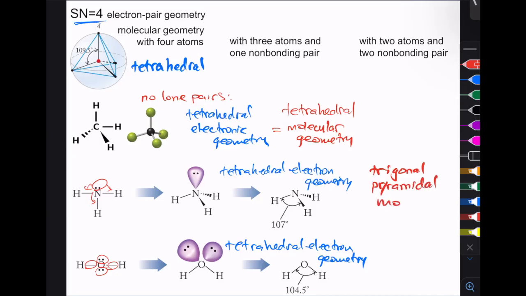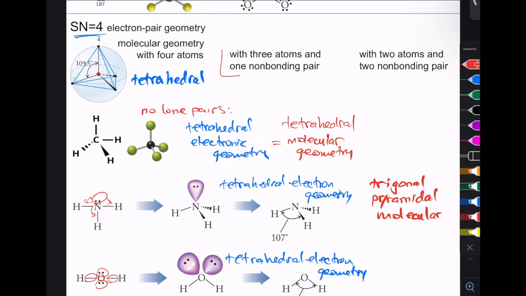Because if you looked at the geometry of the molecule, it's taking on the shape of a pyramid with 3 legs. It's not a tetrahedron. So that's what you would get. This is going to be the molecular geometry. When you have 3 atoms bonded and 1 non-bonding pair, that's going to be trigonal pyramidal.